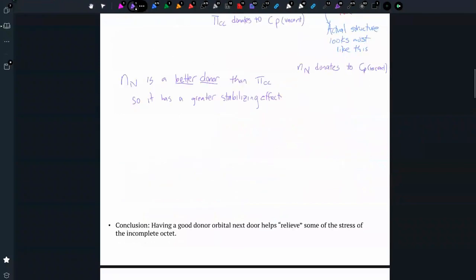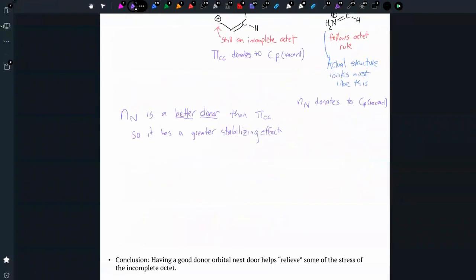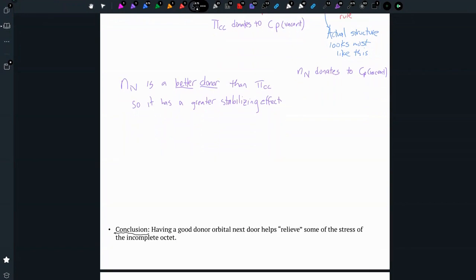Just to summarize the conclusion there, having a good donor orbital next door helps to relieve some of that stress, and that has a stabilizing effect on the carbocation. Again, it doesn't make the carbocation stable, but it makes it less unstable.